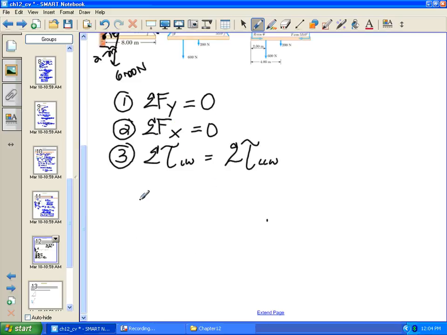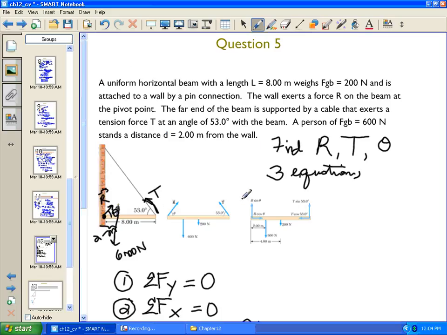So let's begin systematically and look at all the forces that act along the y direction. We've got an Ry. We've got a T sine of 53 degrees, which is positive. Let's see if we can just draw this out here.